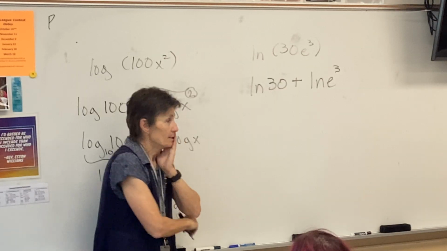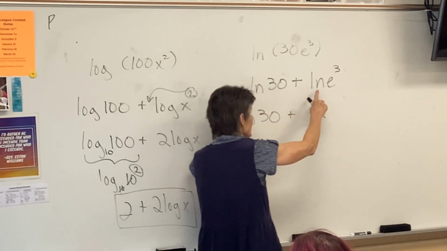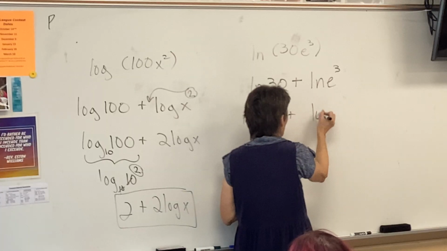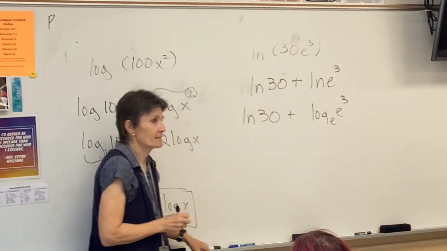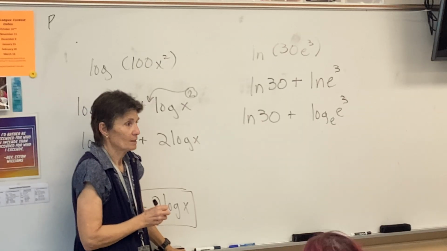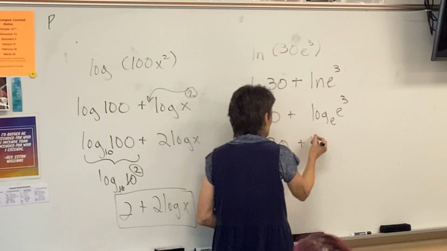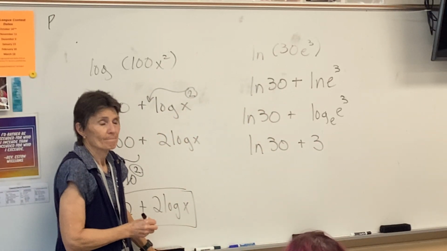Okay, now ln 30, there's nothing to do with that, so that's going to stay the same. But what does ln stand for again? Log base e. What is the log base e of e cubed? That's just 3. So your answer is ln 30 plus 3.